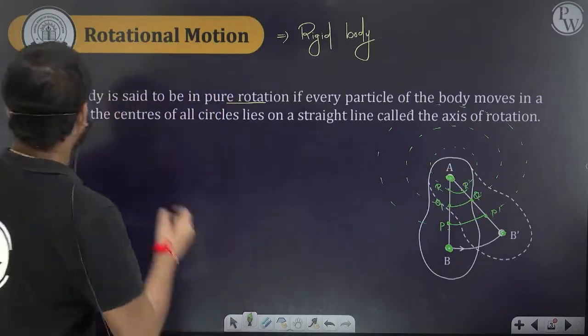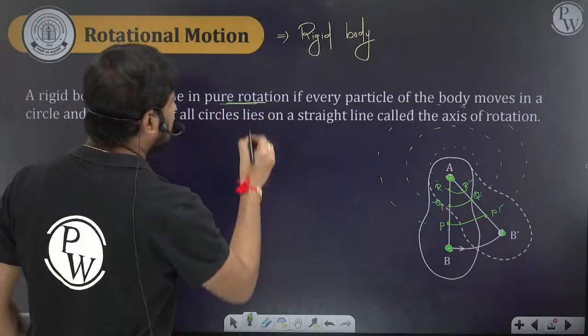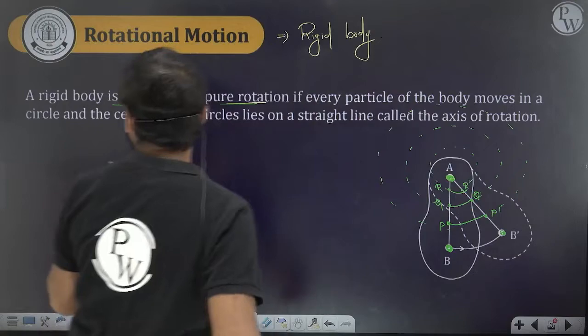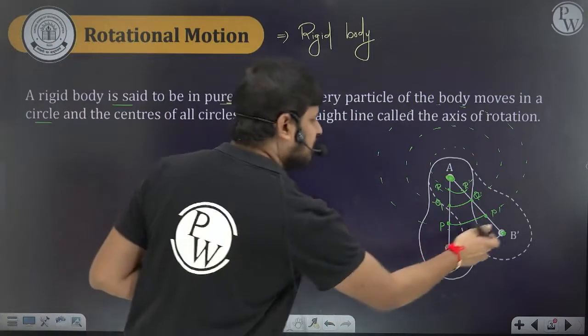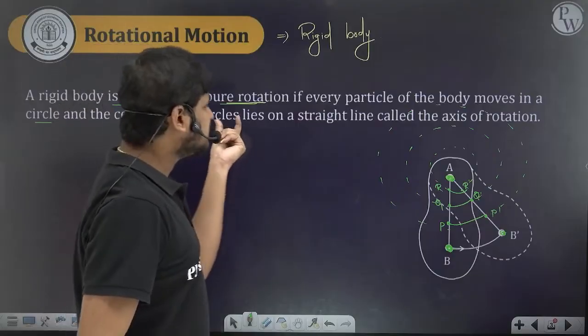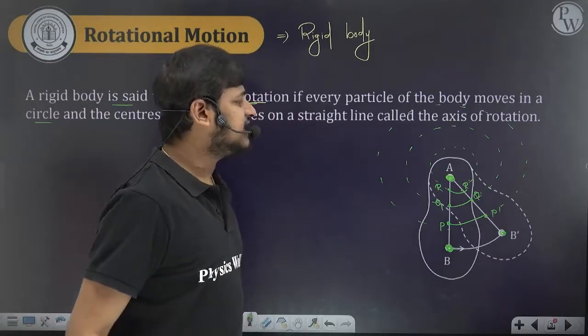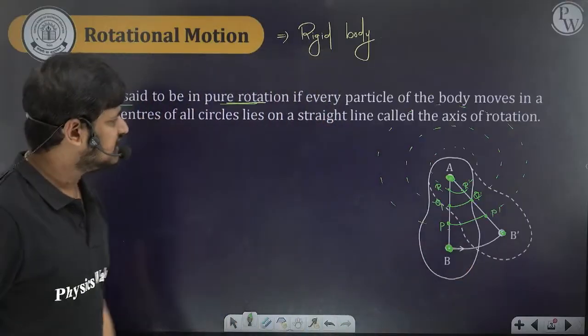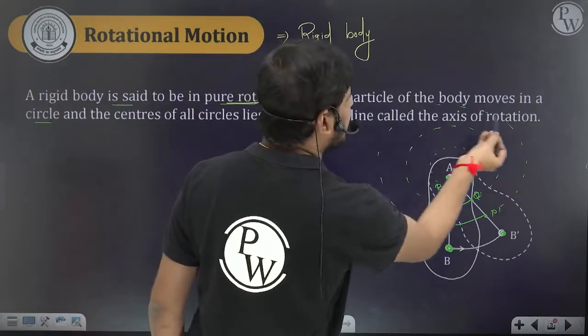See here, a rigid body is said to be in pure rotation if every particle of the body moves in a circle, and the centers of all circles lie on a straight line, yes or no? This is called the axis of rotation.